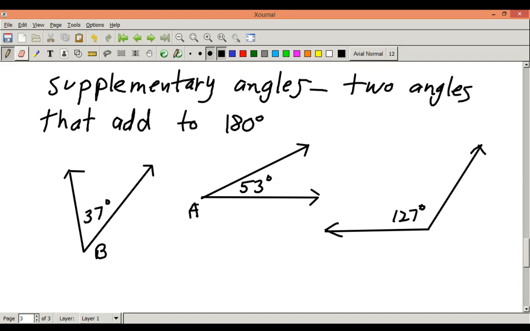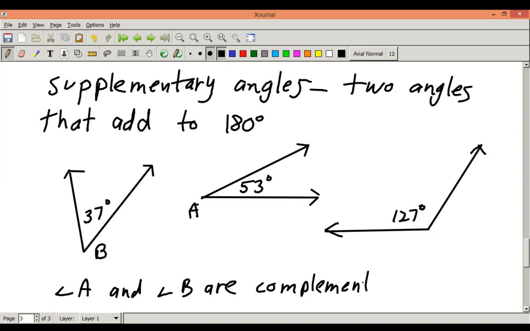Okay, so if we look at these three angles, we can say that angle A and angle B are complementary, because if you check their measures, 37 degrees plus 53 degrees is 90 degrees, so they're complementary angles.